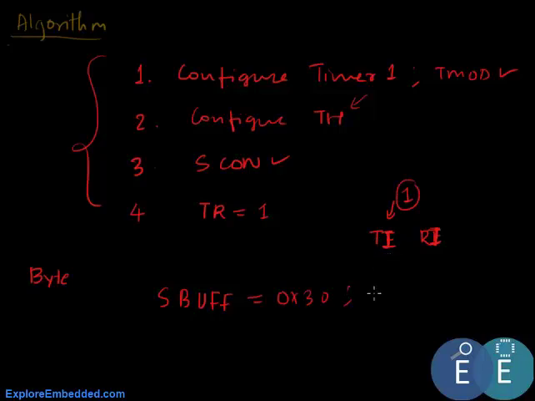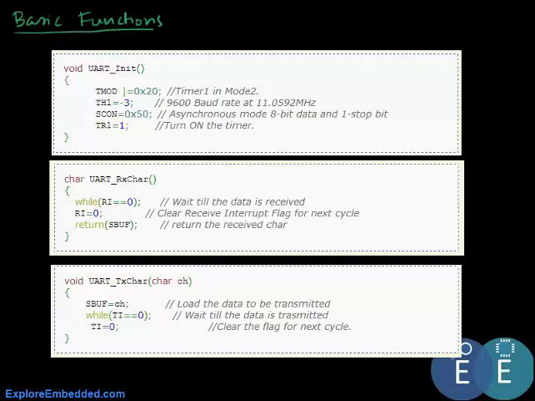TI becomes 1 when the controller has completed transmitting the value in the SBUF. Similarly, to receive the data, we wait till RI becomes 1. When RI becomes 1, we read the SBUF register. So we'll look at the code and how we initialize and use it.